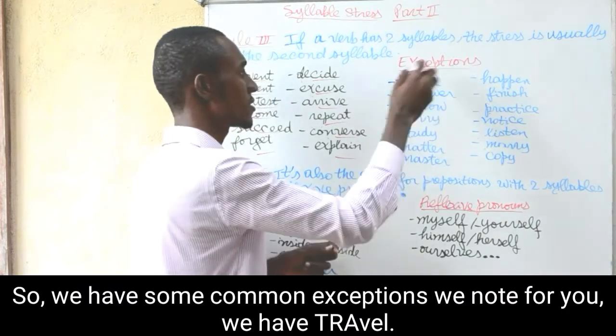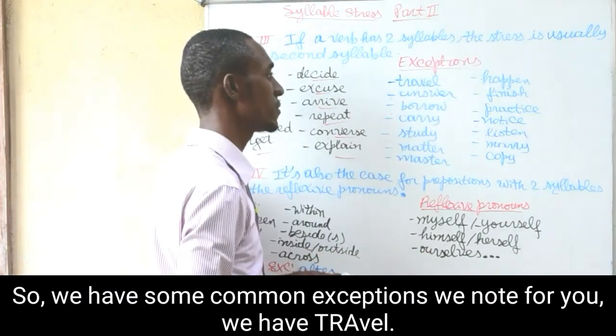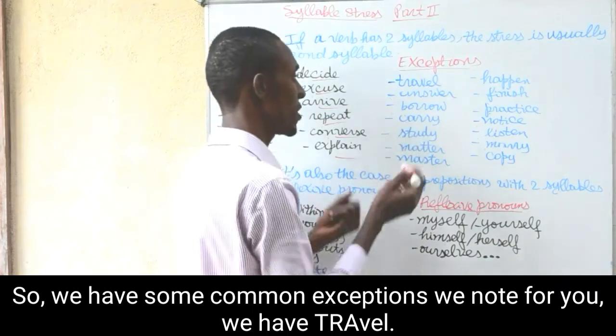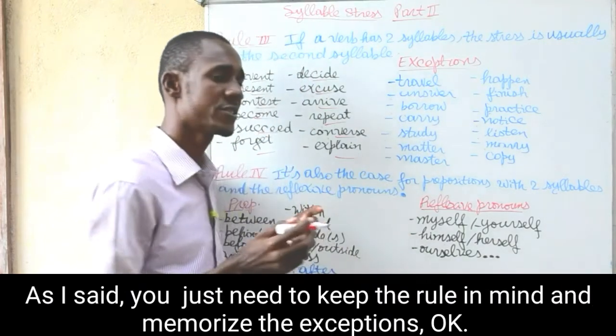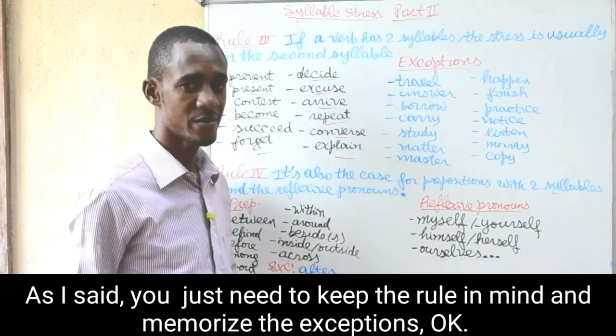So we have some common exceptions we note for you. Okay, you have travel. As I said, you just need to keep the rule in mind and memorize the exceptions.